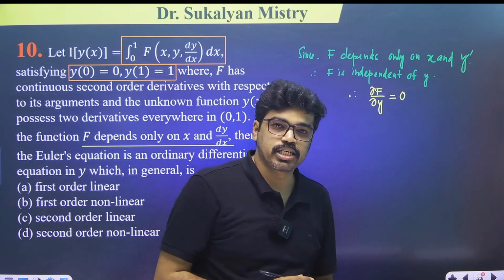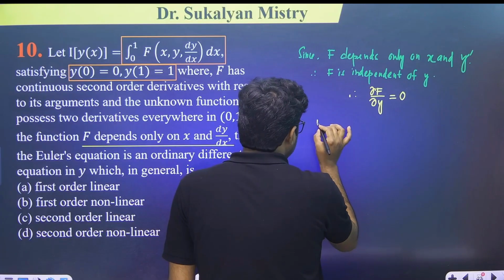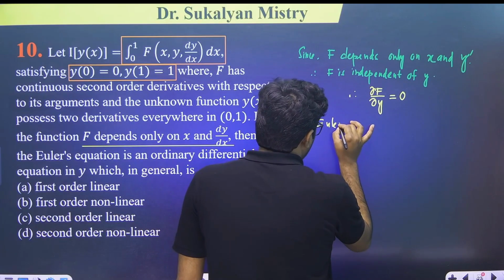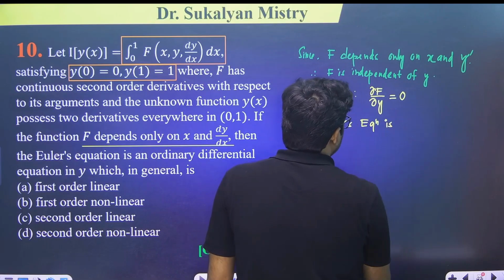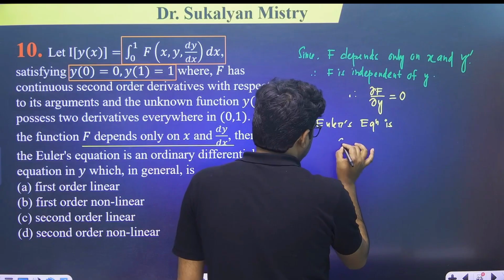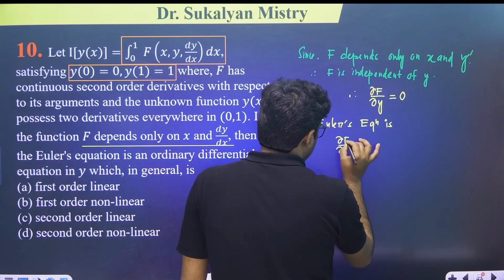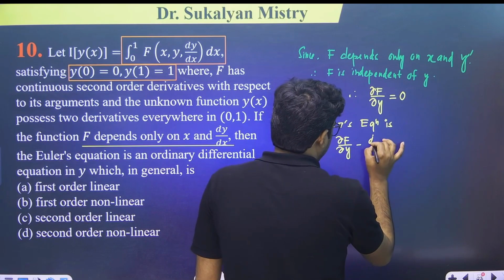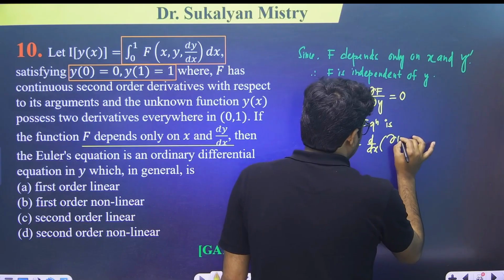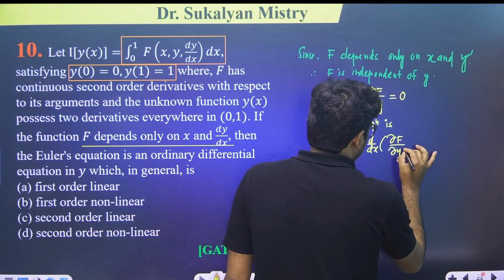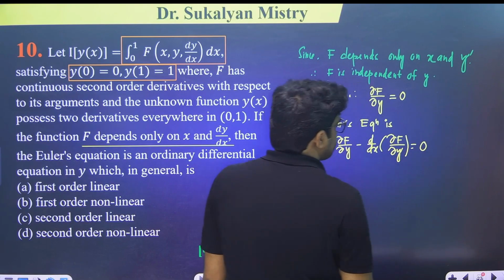So what is the Euler's equation? Euler's equation is del f del y minus d dx of del f del y dashed is equal to 0.